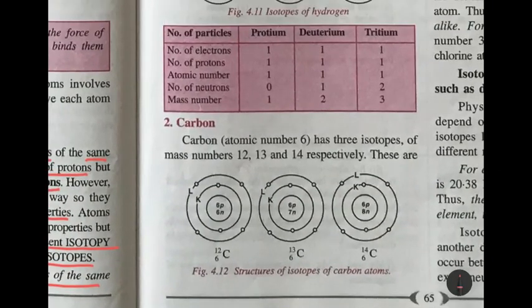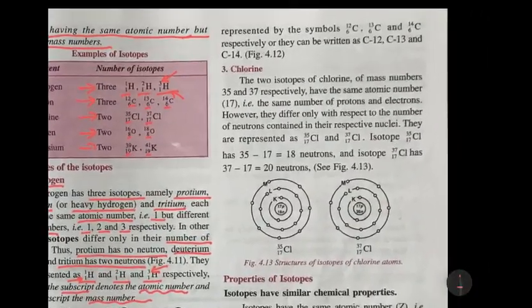Next, moving on to carbon. Carbon's atomic number is 6. It has 3 isotopes and their mass numbers are 12, 13 and 14 respectively. You are going to draw the structure of the isotopes of carbon atoms as well. You will do these 3 diagrams in your copies.